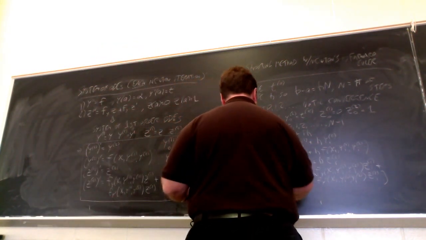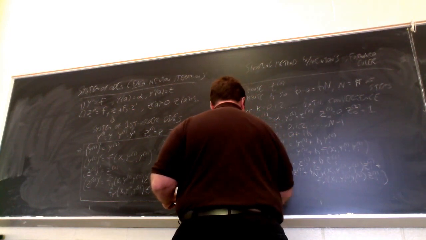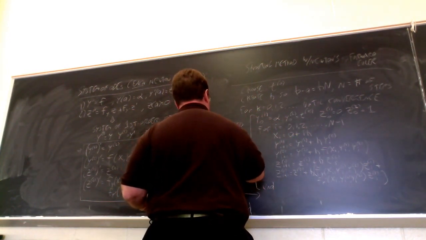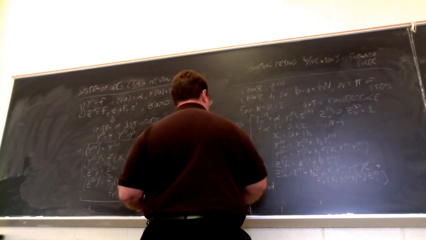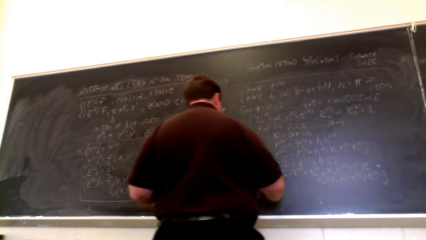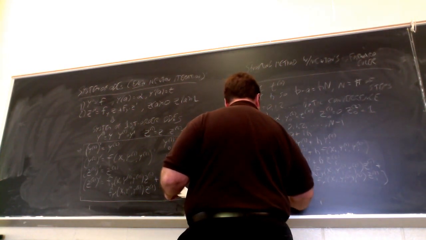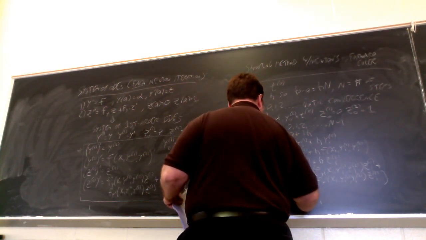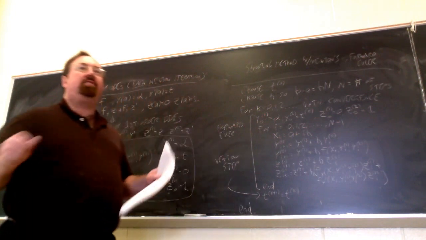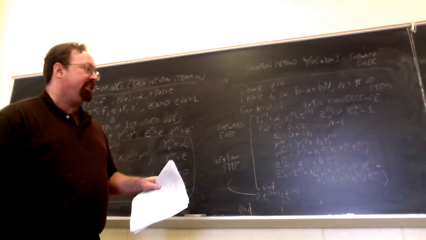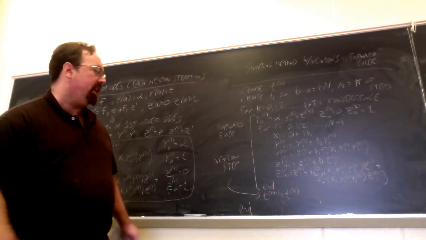So now I can do my Newton step. After all this work, the Newton step is actually very simple. So t_{k+1} is equal to t_k. Now, what is Newton's method? x_{k+1} is equal to x_k minus f of x_k over f prime of x_k.